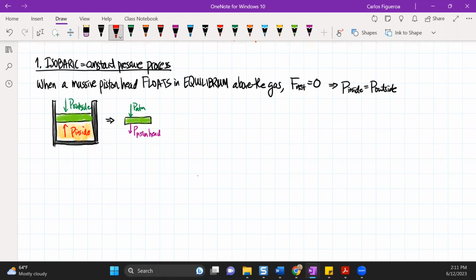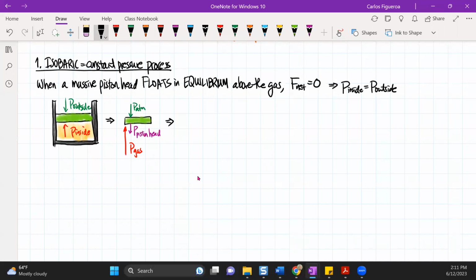However, there is an equal balanced pressure that has to counteract the atmosphere and the pressure due to the piston head. And that has to be the pressure of the gas.